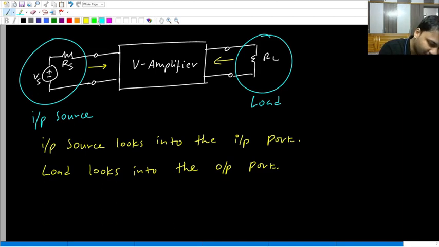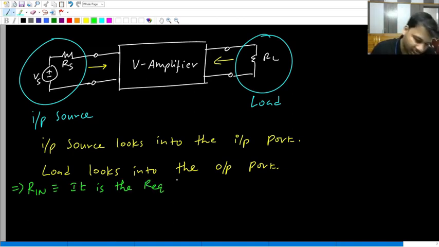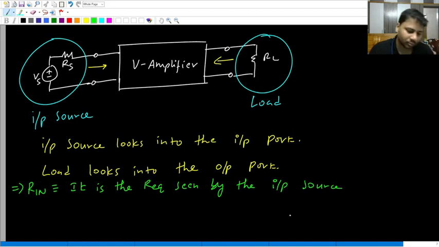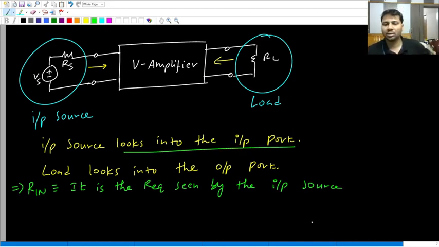So there is our new definition for Rin. What is Rin? It is the equivalent resistance seen by the input source, because the input source looks into the input port. Whatever equivalent resistance the input source sees, that is the input resistance.